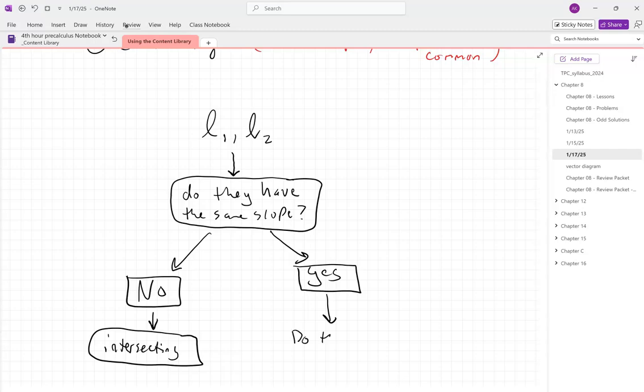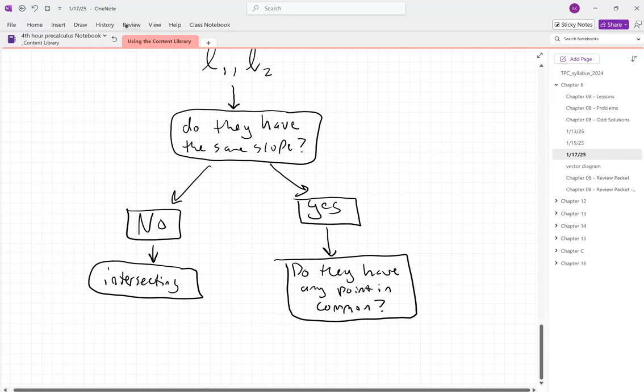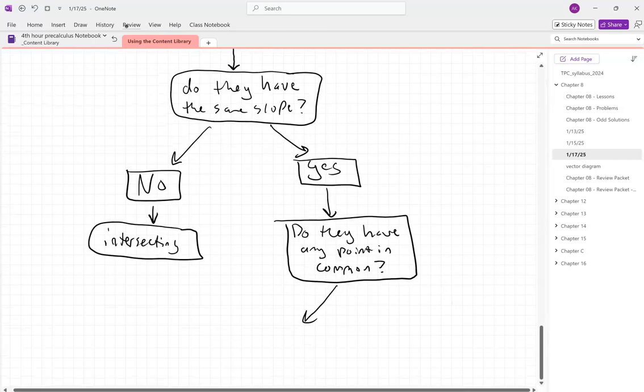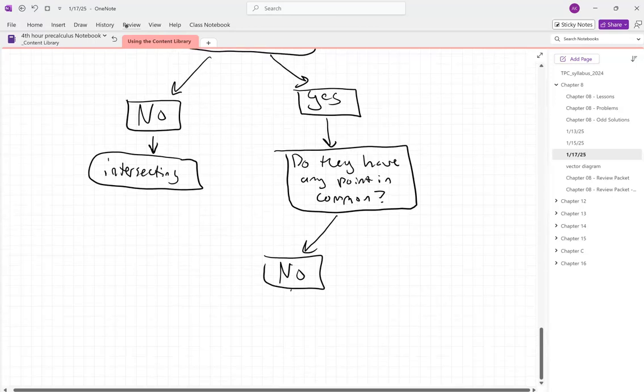So I'll say, do they have any point in common? If the answer is no, then we're done. We know they're parallel.